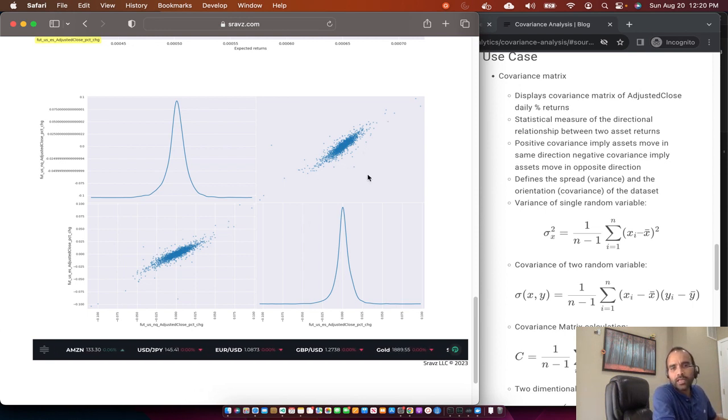So they move in the same direction. The covariance gives the orientation of the spread. So when S&P 500 moves in this direction, NASDAQ moves in the upward direction, the combined portfolio moves together with both of them. So it's at a 45-degree angle.